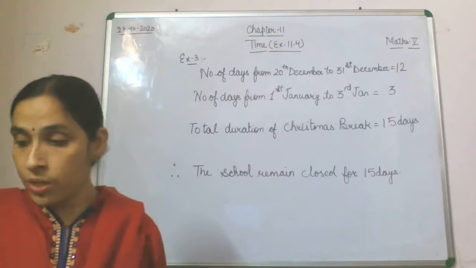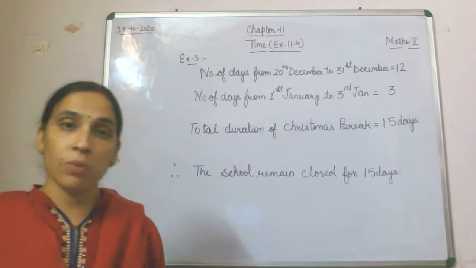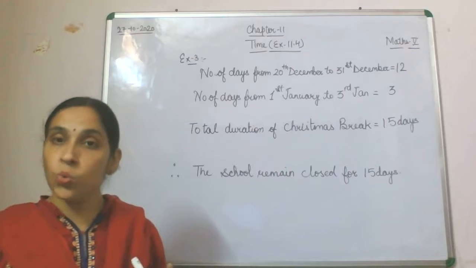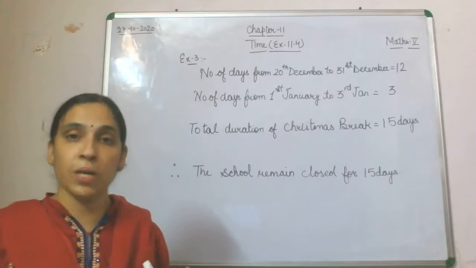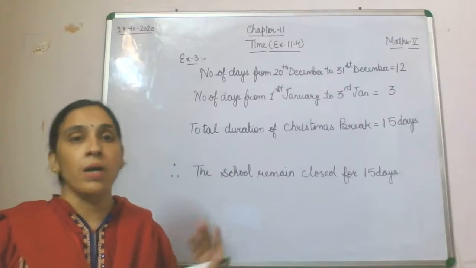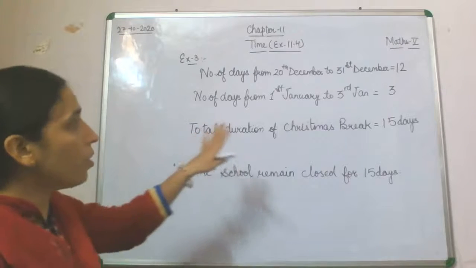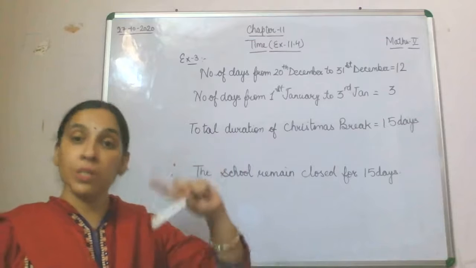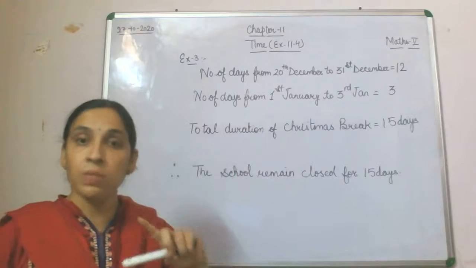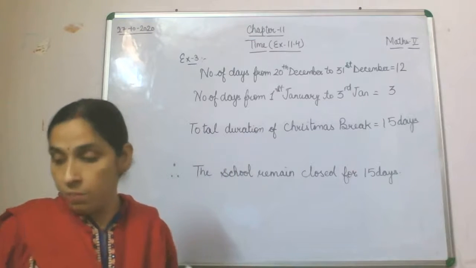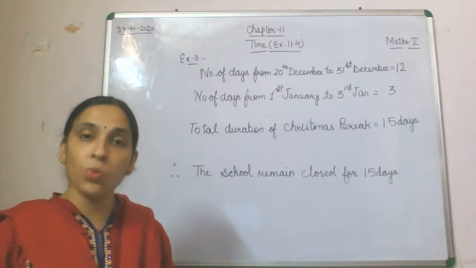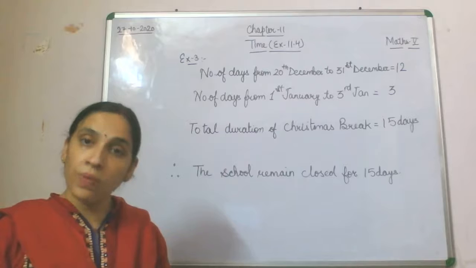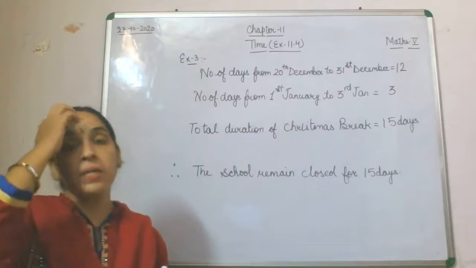So here children, what is given in the question? What is given in the example? That the school closed for Christmas break on 20th December and reopens on 4th of January. It means 1st to 3rd January also your Christmas break is going on. Means you are going to come to school on 4th of January. So here children, always you are going to do it like that.